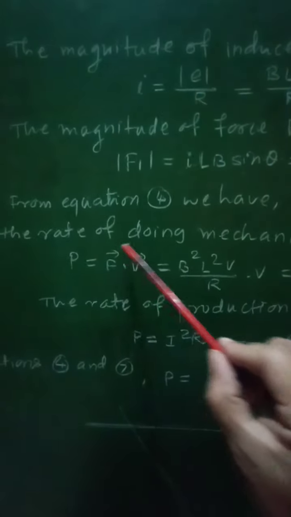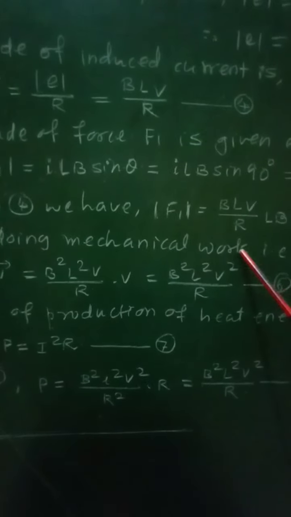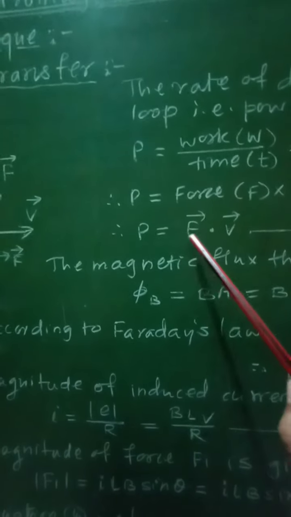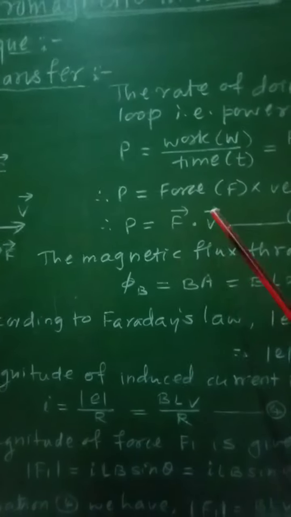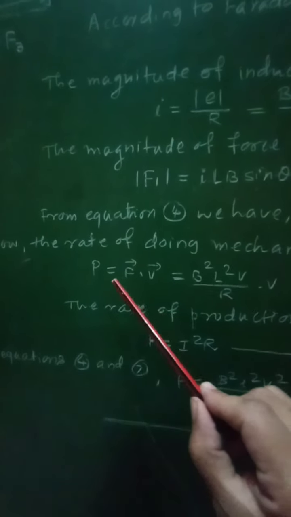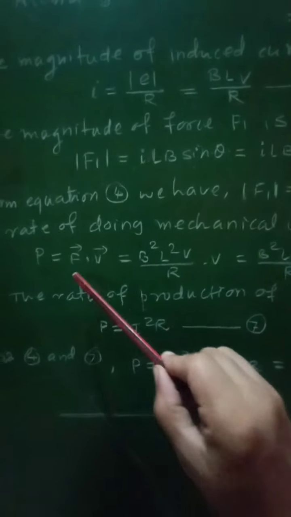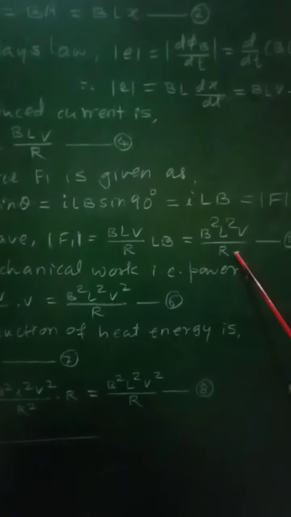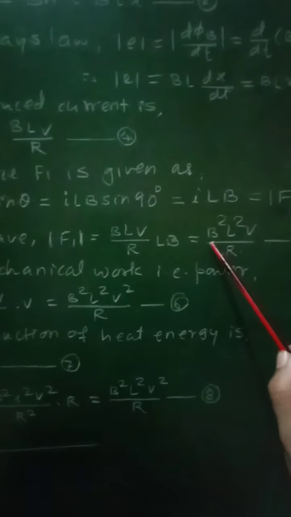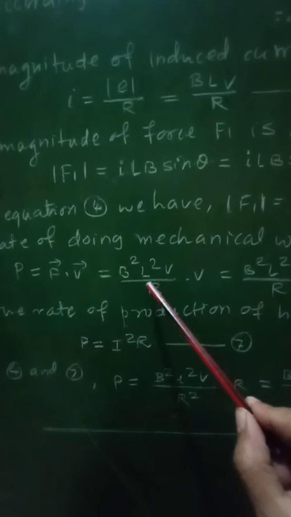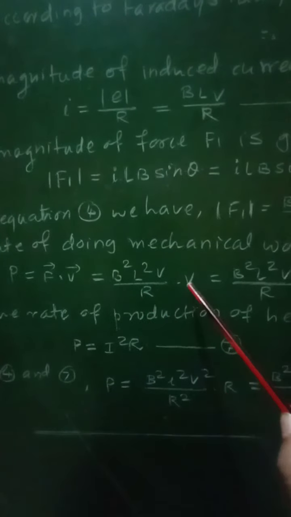Now the rate of doing mechanical work is power. Already we have stated in the first equation that power, that is mechanical work per unit time, is equal to F dot v, and therefore it will be written as P equal to vector F dot vector v, which is nothing but this force, B square L square v upon R, the value of force F, similar to that of F1, into velocity v.